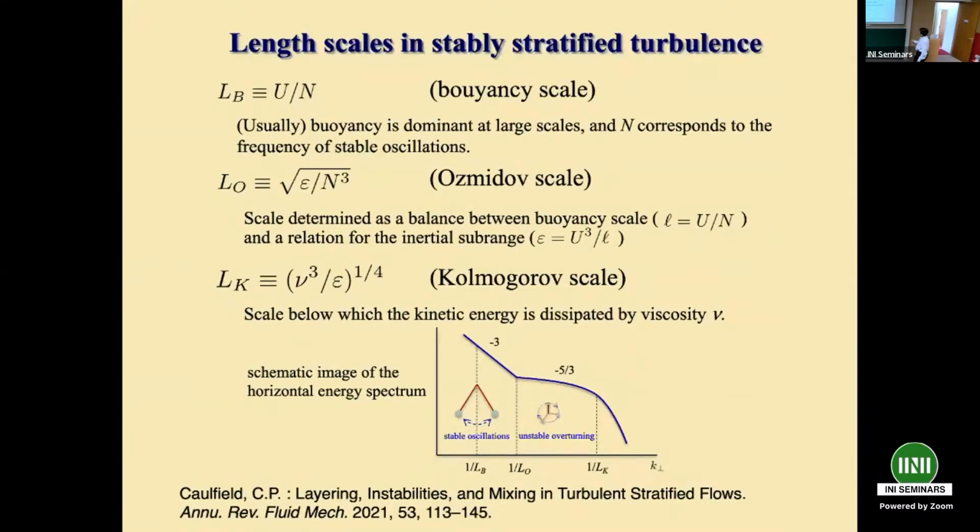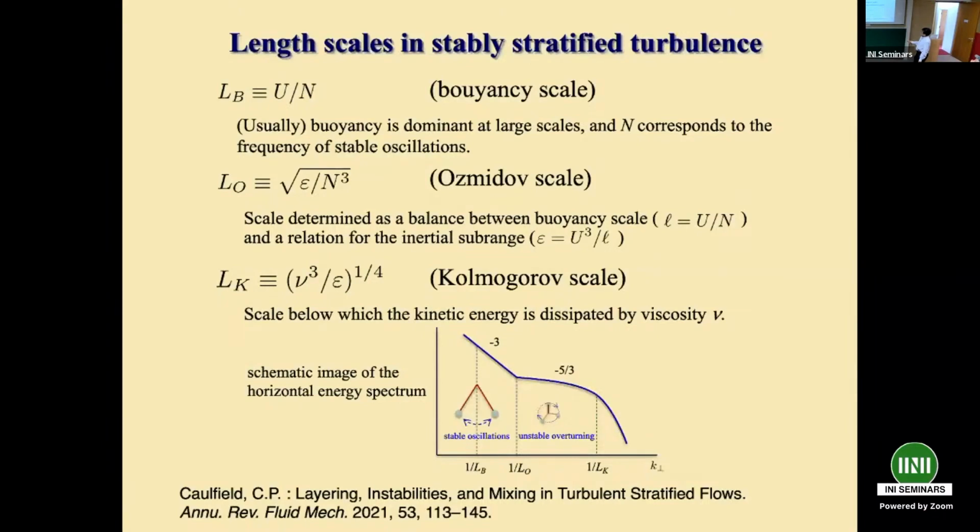At this scale overturning begins, and we see a transition from the steep spectrum to the -5/3 Kolmogorov spectrum. This transition is at the so-called Ozmidov scale, and for smaller scale we have the Kolmogorov scale.